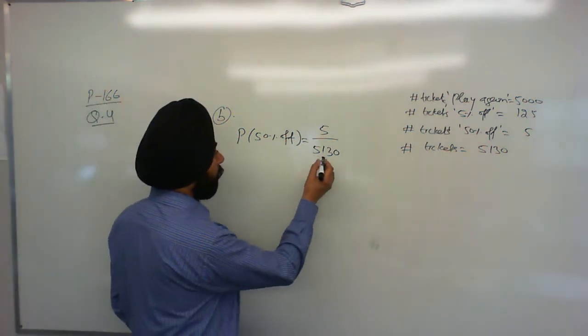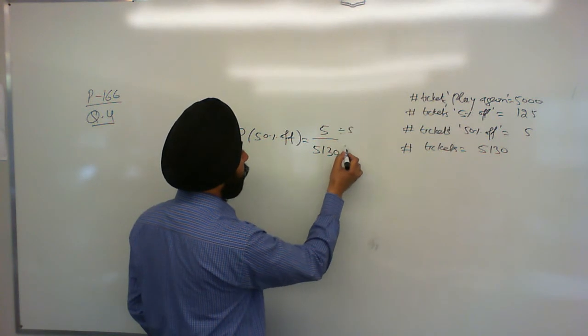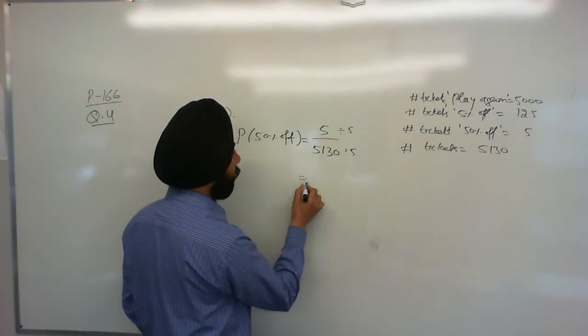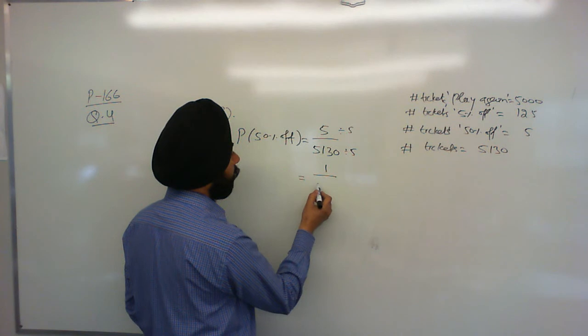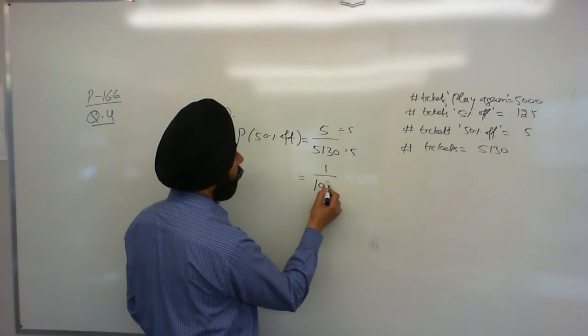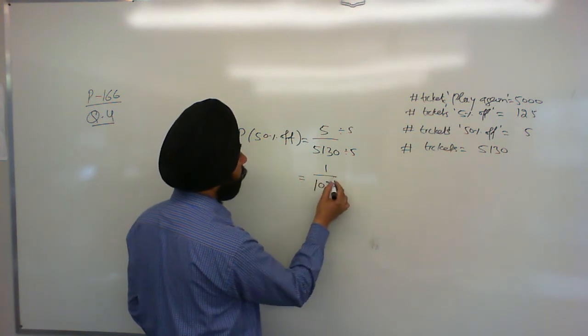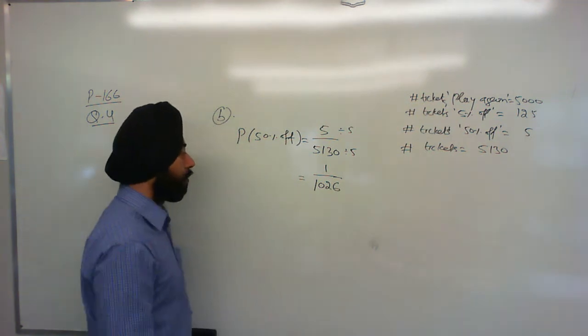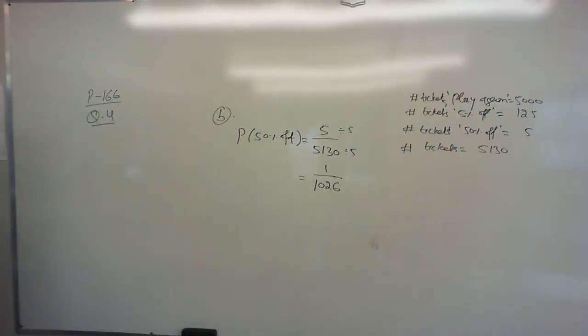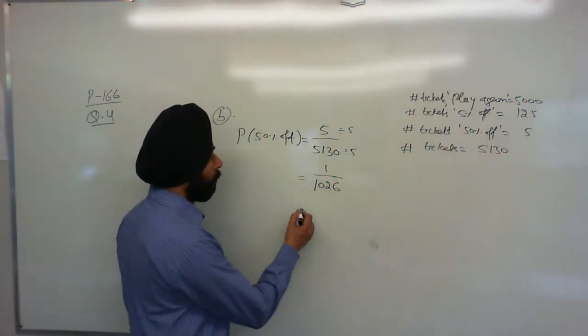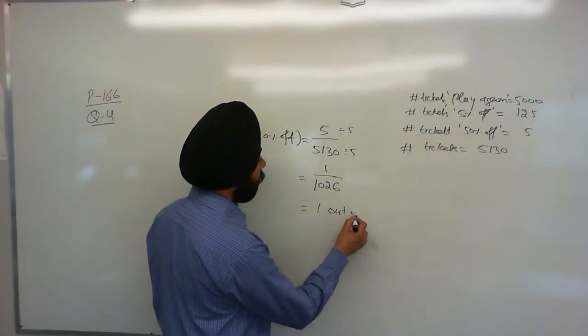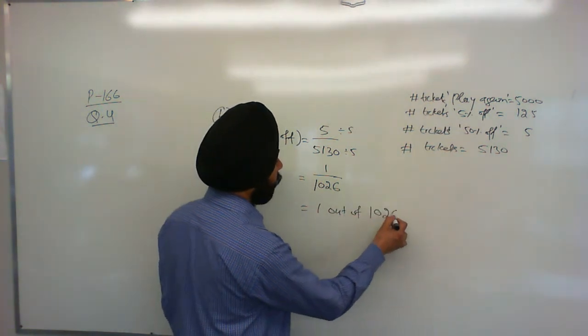And you can simplify this. 5 is a common factor. You can divide both of them by 5. This will give you 1 over 1,026, so it's 1 out of 1,026.